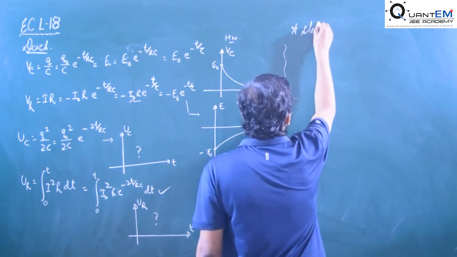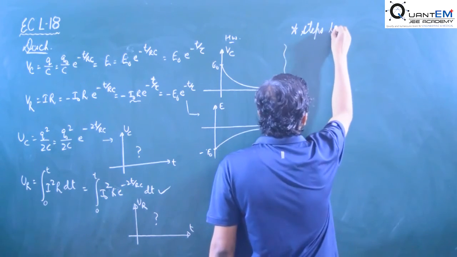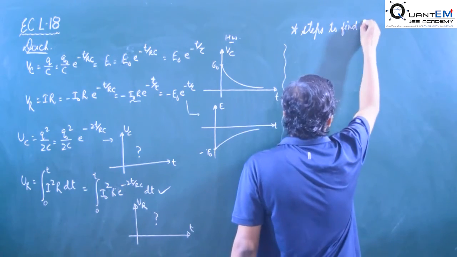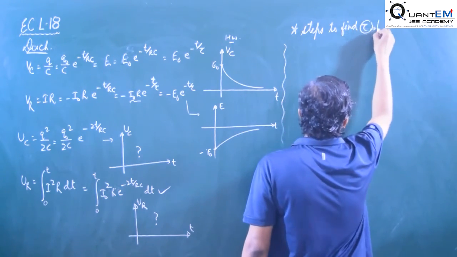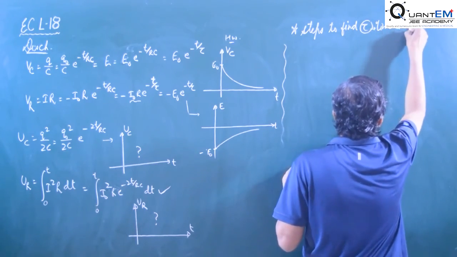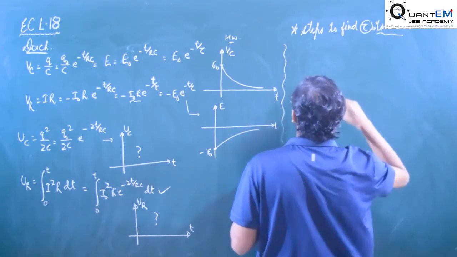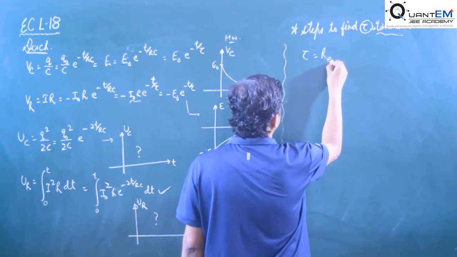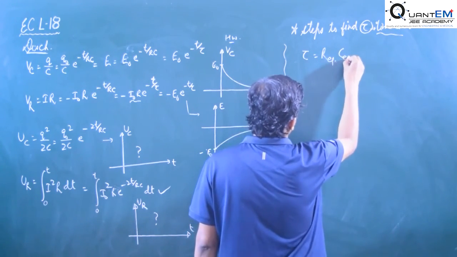Now we come to steps to find time constant. Okay, that is what? Time constant. See, time constant we have R equivalent into C equivalent.